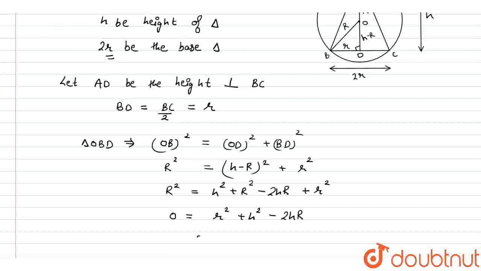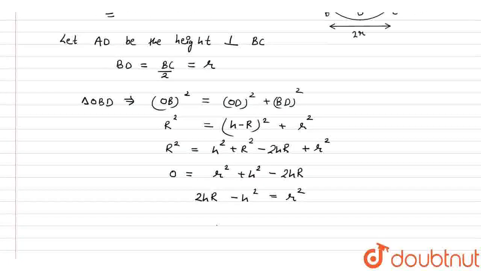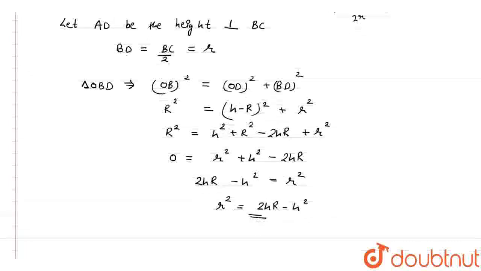After further simplifying it, we'll get 2hR minus h square will be equal to r square. From here we get the value of r square as r square is equal to 2hR minus h square. This is the value of small r square.